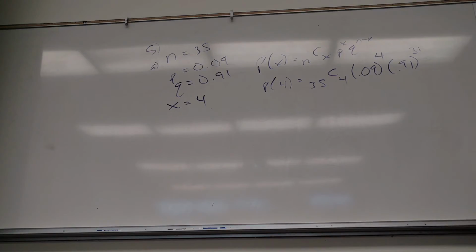So 35 choose 4, times 0.09 to the 4th. I got 4 of those. Times 0.91 to the 31. I got 31 of those. So overall I got my 35. 0.1846, which is hopefully what I wrote down on the key.